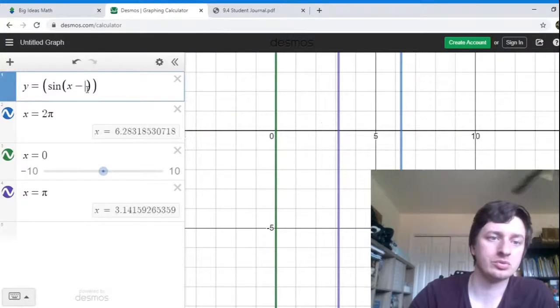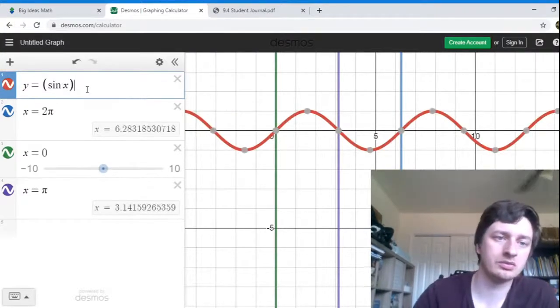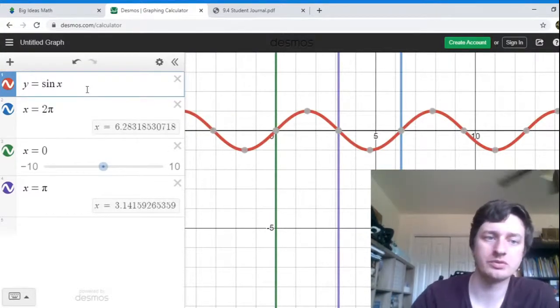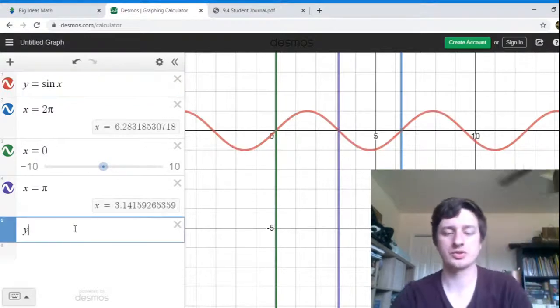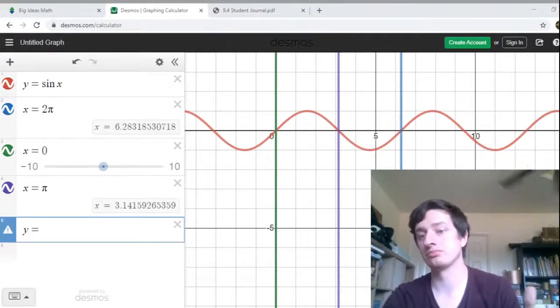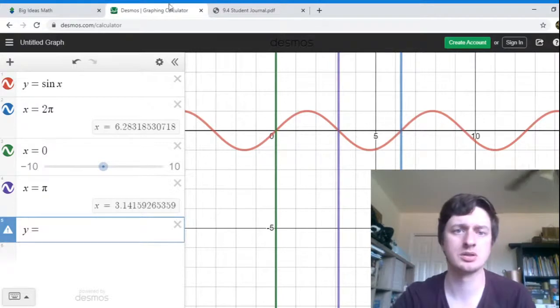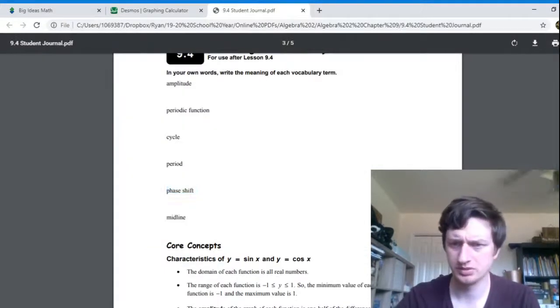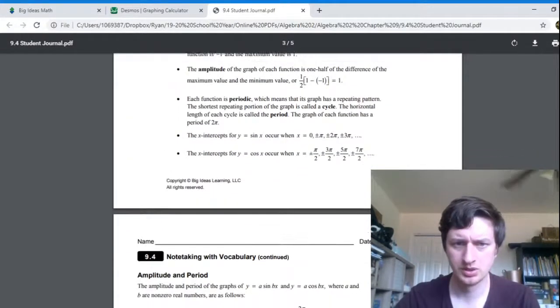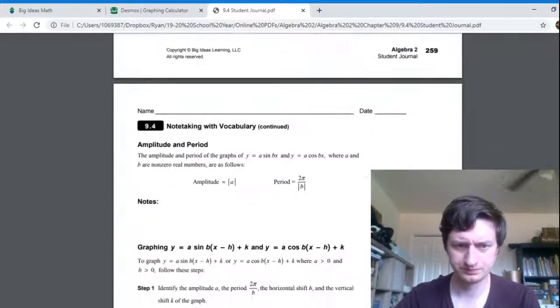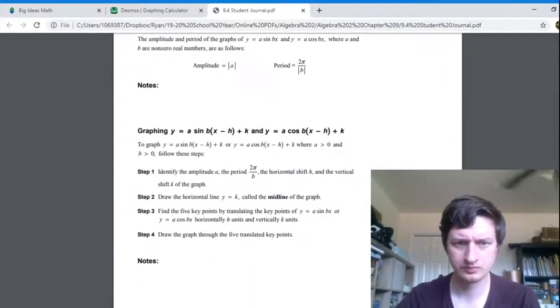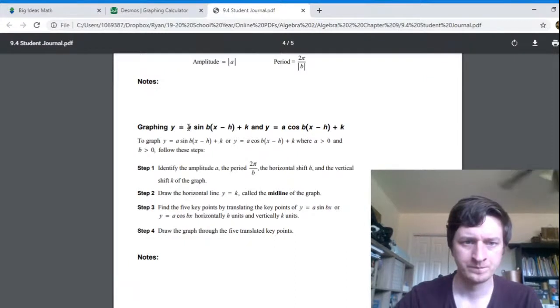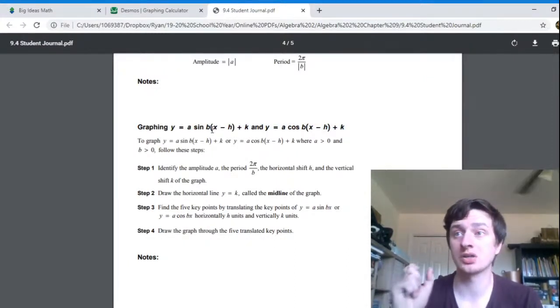Now, Desmos is cool because we can take all these things and get rid of all these parentheses. Here's my original function. We can add in a new function, y equals, and there's a special way to write this. Is it in the student journal? I sure hope so. Yeah, this right here. So we've used h and k to talk about our center a lot.